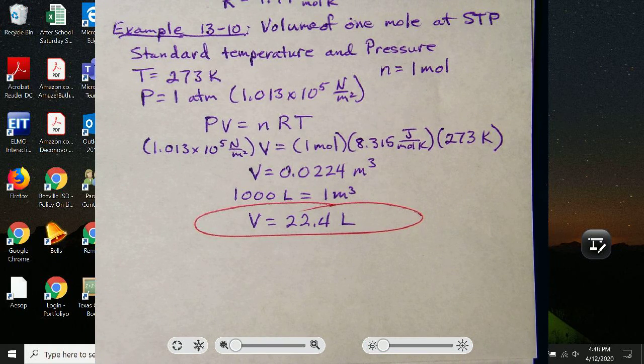Okay, for any ideal gas at standard temperature and pressure, 1 mole occupies a volume of 22.4 liters.